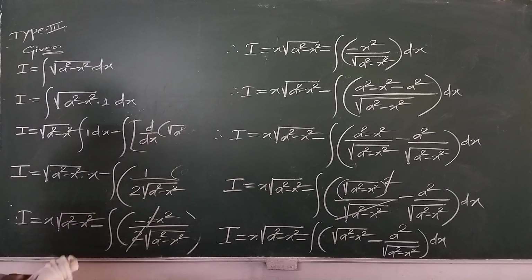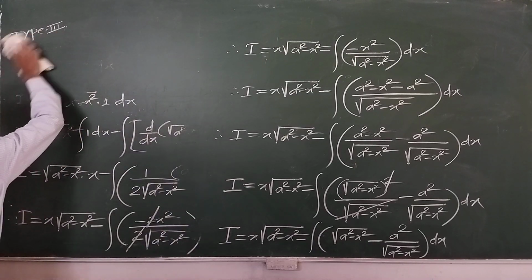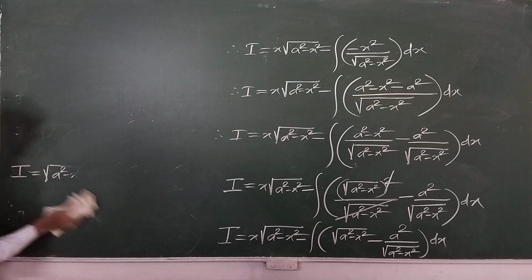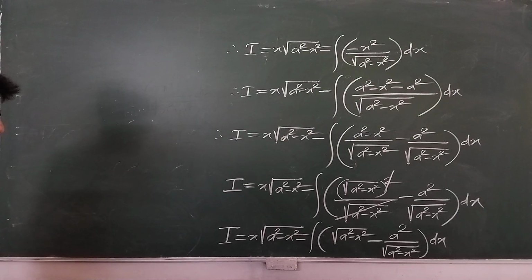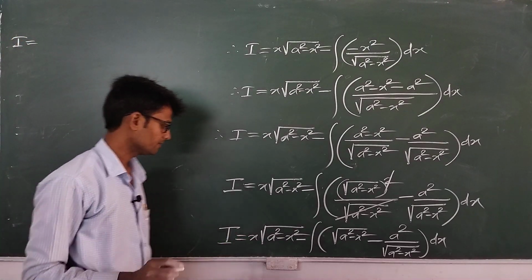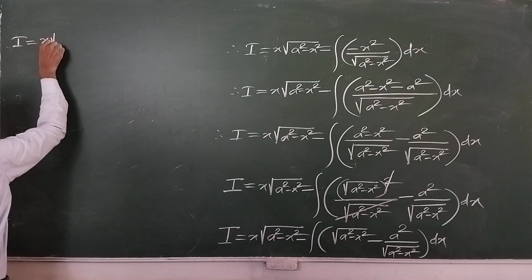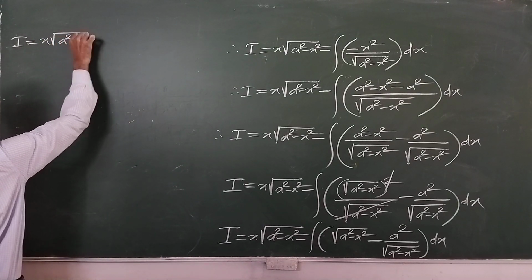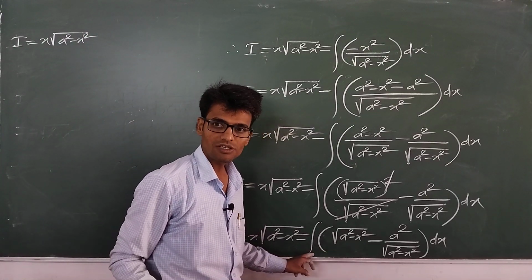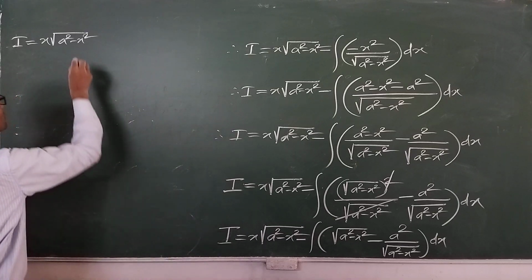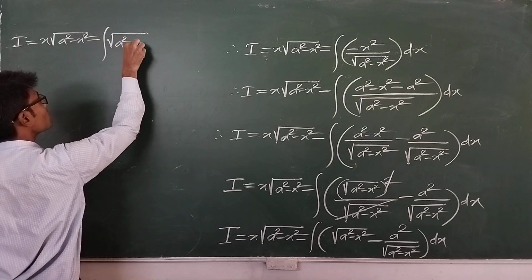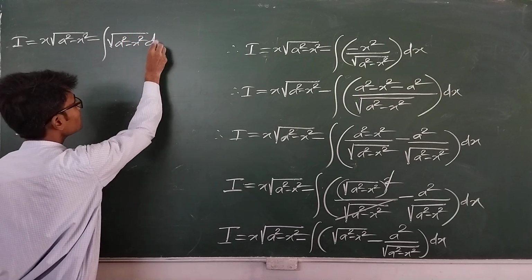Yes, after this, I is equal to x into square root of a square minus x square as it is. Now split this bracket, so minus integration of square root of a square minus x square dx, you write.